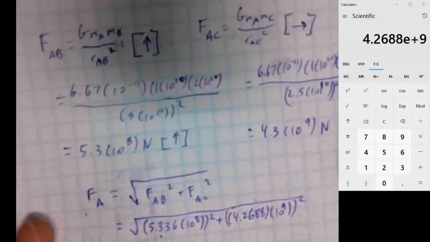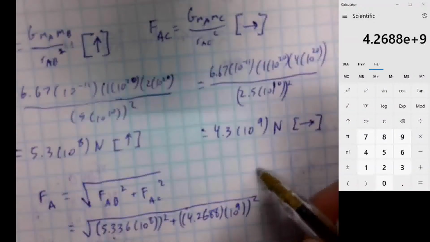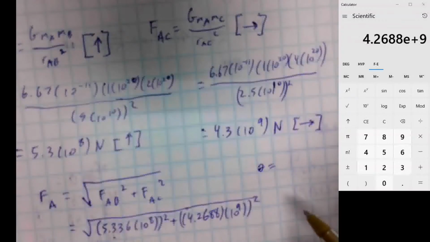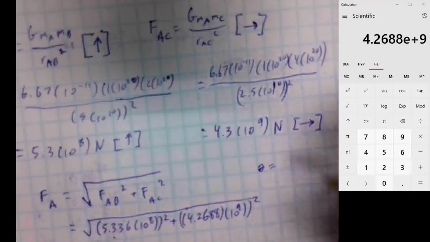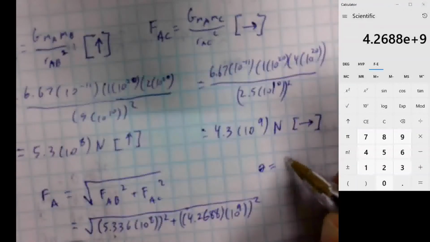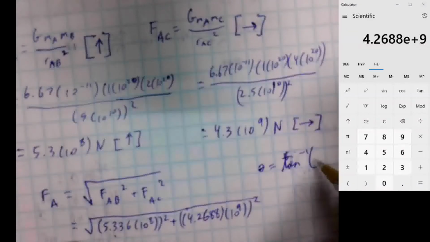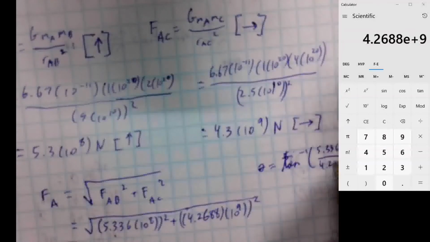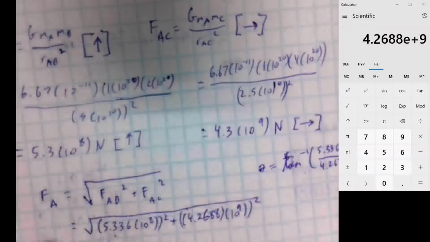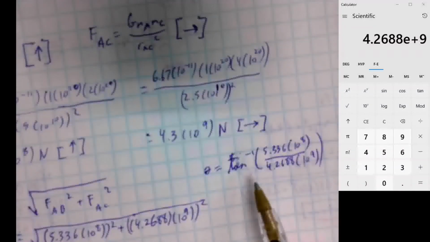I'll have to find the angle as well. I like to always have it less than 45 degrees. So that means I'll take the smaller of the two, which is the 5.3, inverse tangent of 5.336 times 10 to the 8 divided by 4.2688 times 10 to the power of 9. So that's going to be my angle calculation.